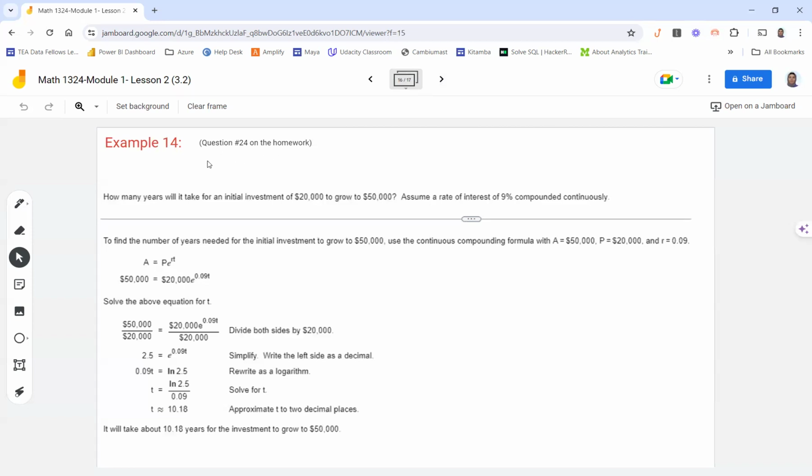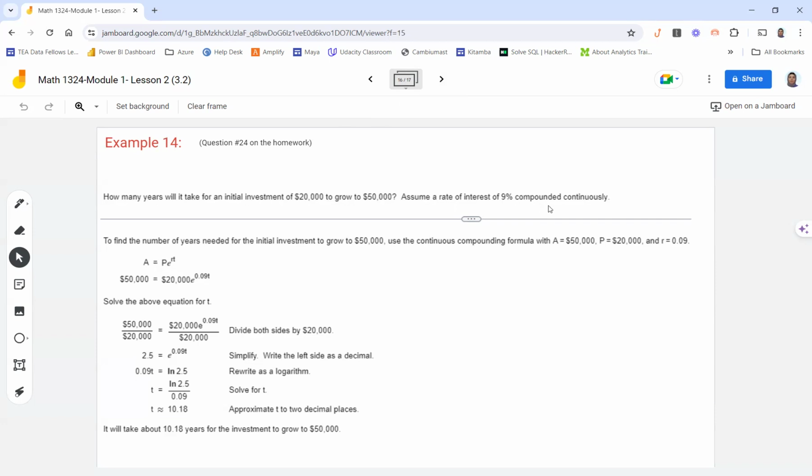I will be talking now about question 24 on the homework. It is a time question. How many years does it take for an initial investment of $20,000 to grow to $50,000? Rate is 9% and compounded continuously.